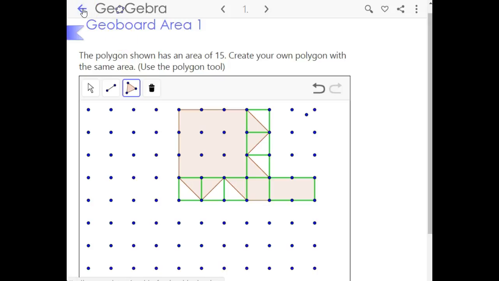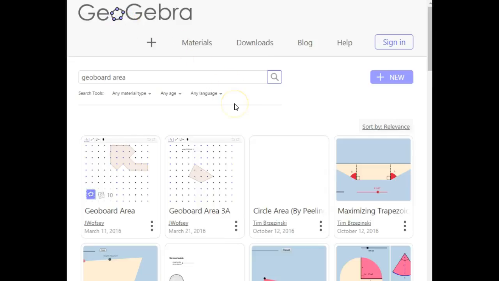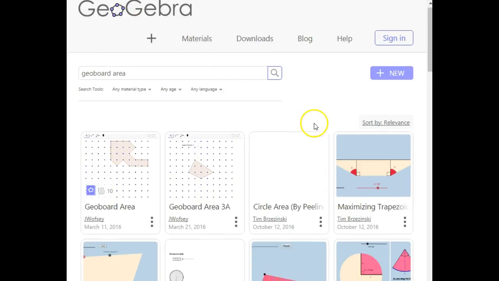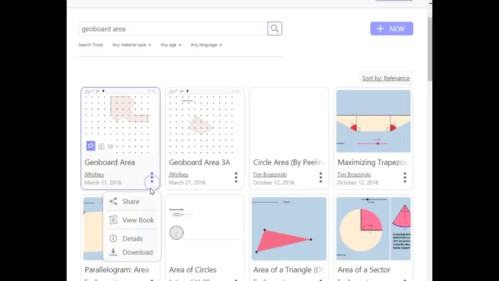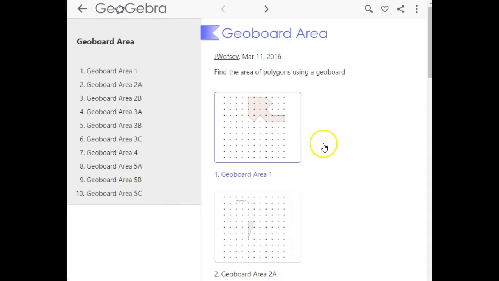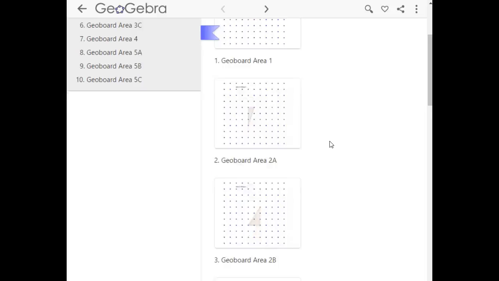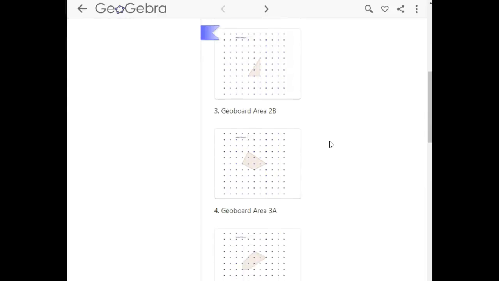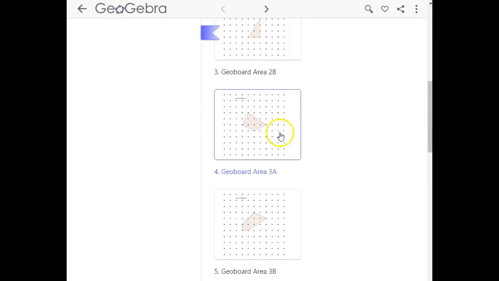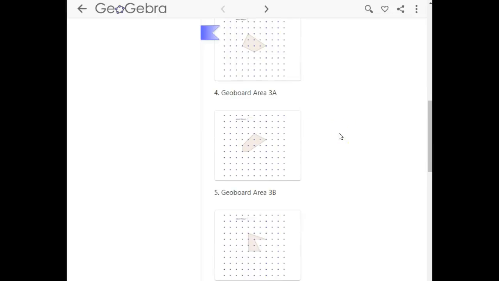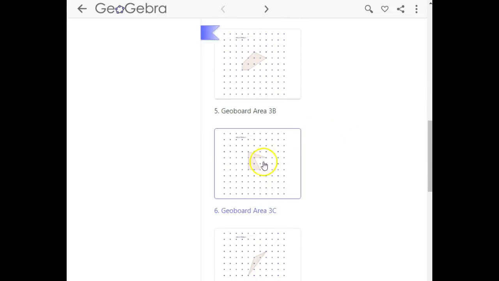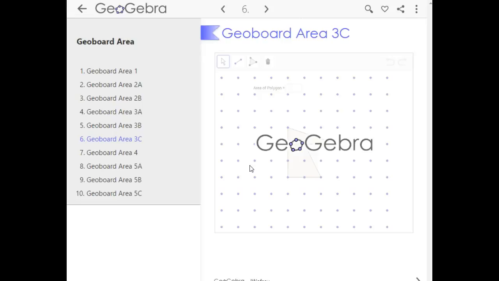So I'm going to go back, and they have different ones in this set. So I tried that one. The next thing that they did in the video was ones that didn't break up into exactly half.